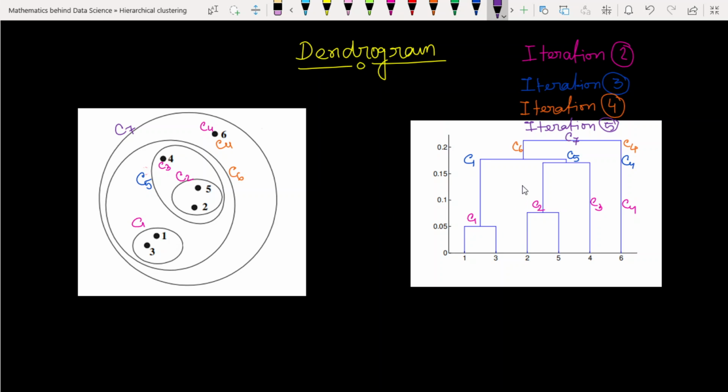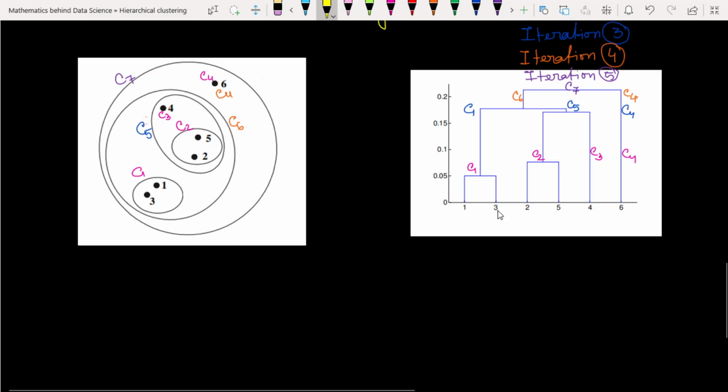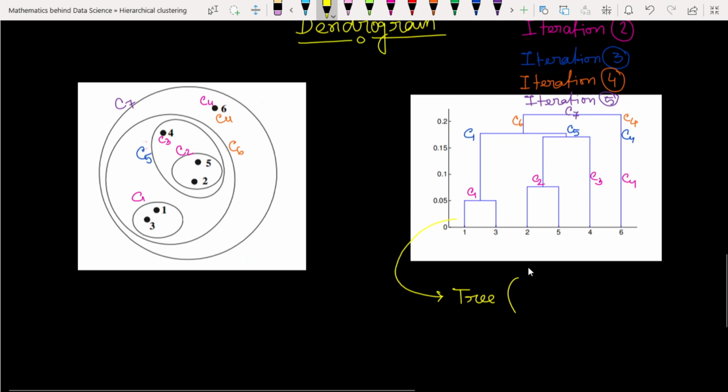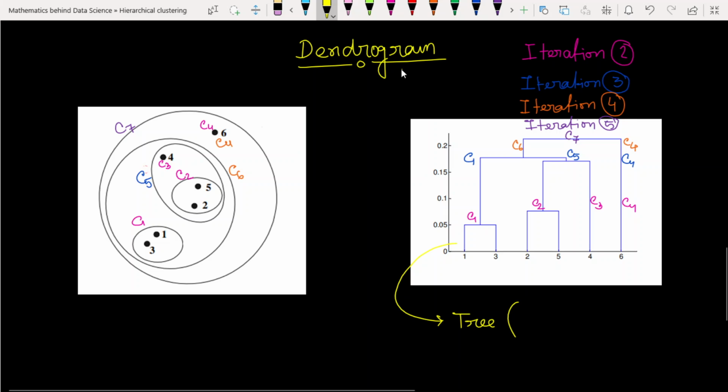So just see these things. If you look closely, these pictures are tree-like pictures. We saw the decision tree chapter, and we will see various kinds of trees in the random forest chapter. These tree-type structures are called a dendrogram.